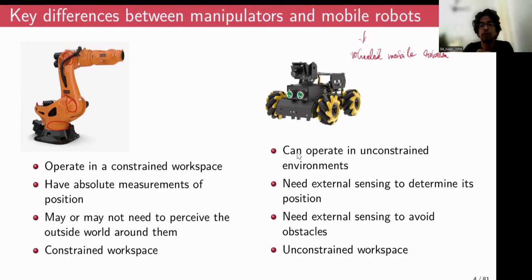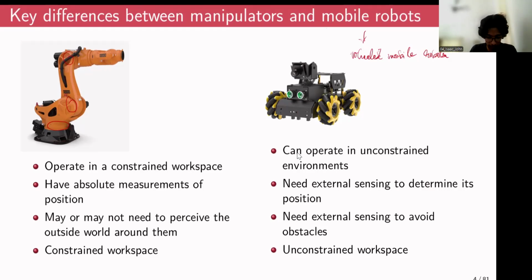Or if the manipulator has to work around dynamic obstacles, their state at each and every point is very well defined. So most probably it may not require any external sensing to avoid obstacles, or if there are dynamic obstacles, it may require it.